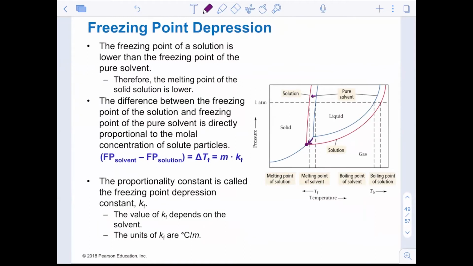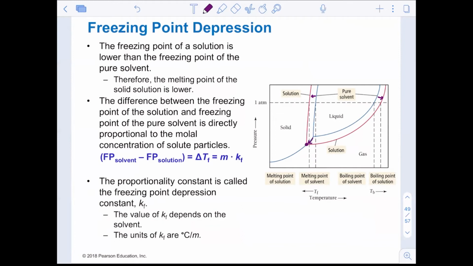It is expanding out this phase diagram liquid form to create more of an opportunity for the intermolecular forces. What? Intermolecular forces are cool. So the freezing point of the solution is lower than the freezing point of the pure solvent. All right. The boiling point as well is going to be elevated.